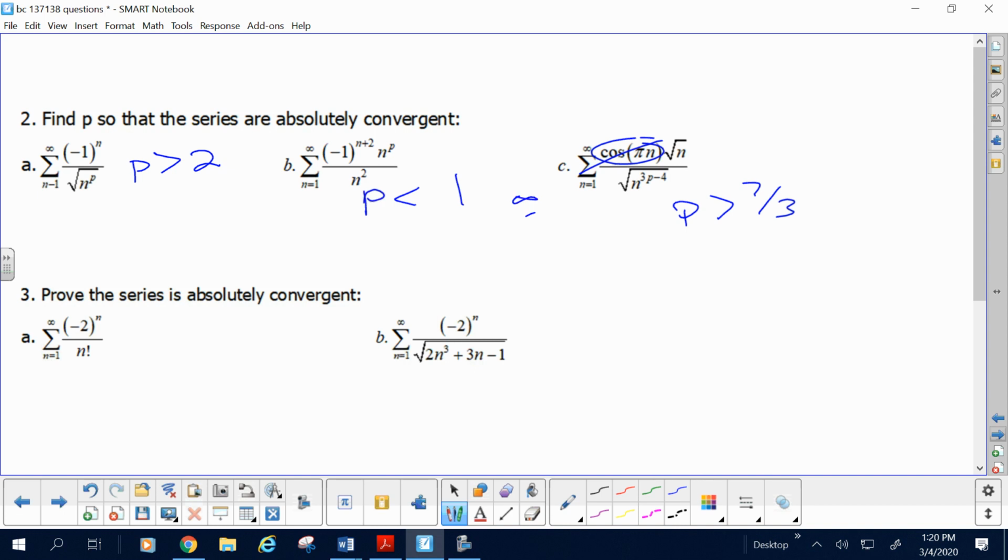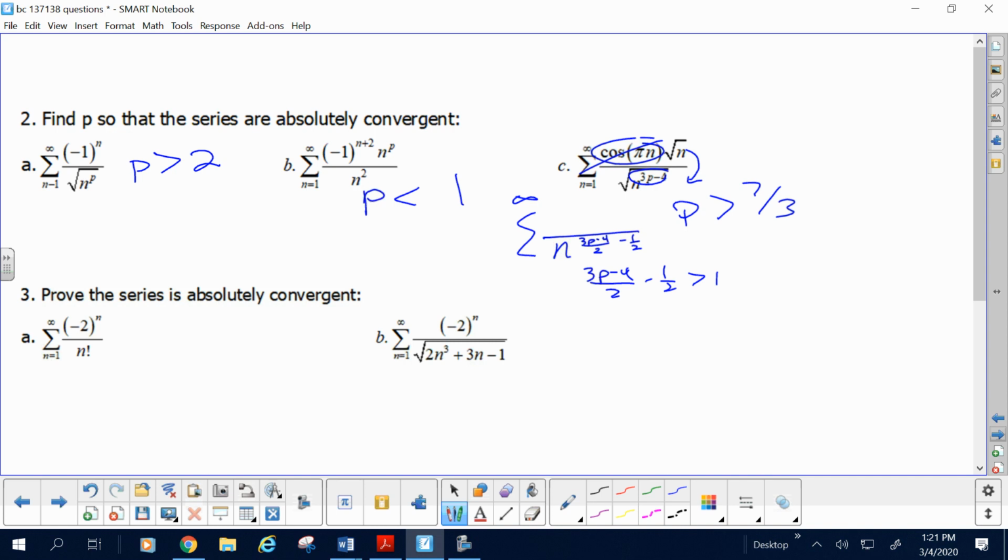My process is to get everything down in the denominator and make it a nice clean n to this power. So if I do that, the bottom part is 3p minus 4, but over 2 because it's square rooted, yeah? And when I bring down this guy, it would be minus a half. After that, I take the total power and use the condition that it has to be greater than 1 to converge. And then I solve from there.